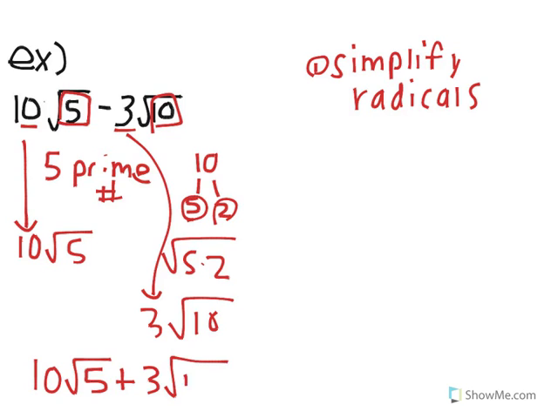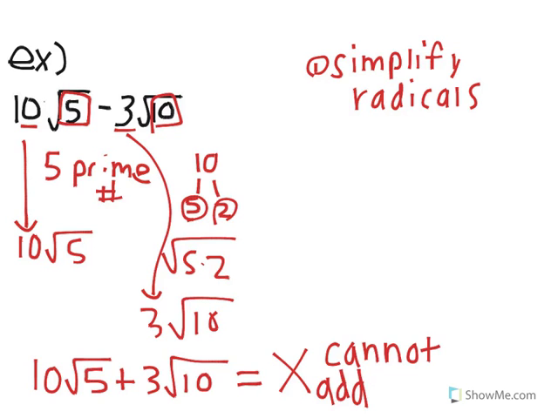We tried simplifying them, they didn't simplify. This is another example of numbers not being able to simplify. We can't add them, because they do not have the same radicand. Cannot subtract.